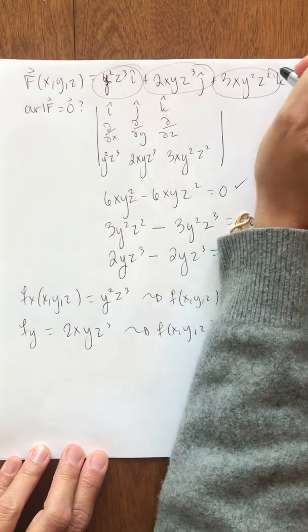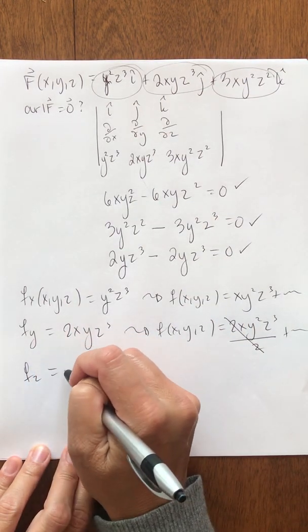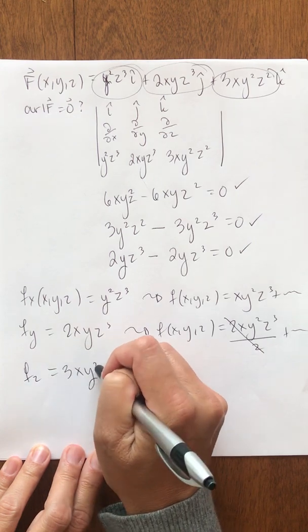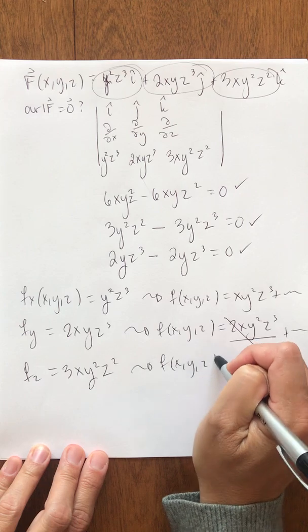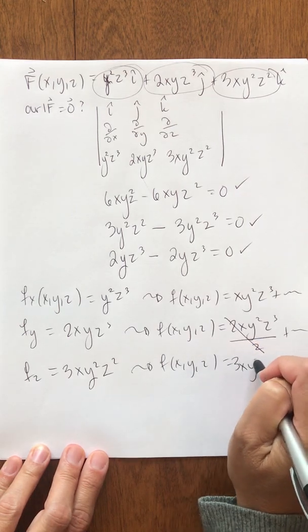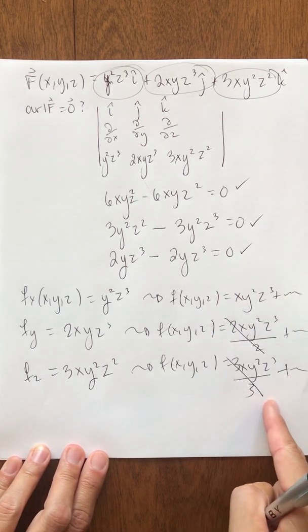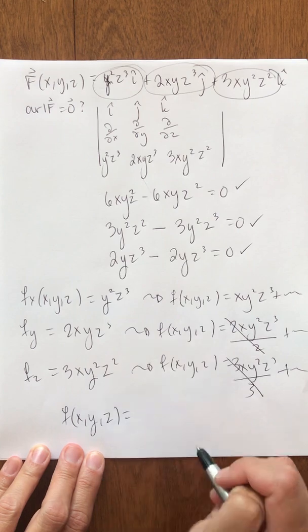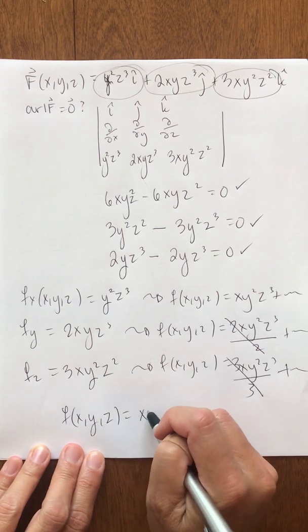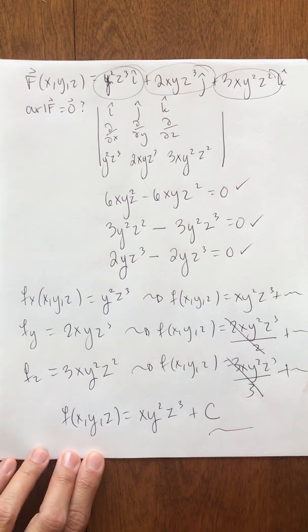And this must be my partial derivative with respect to z. So if my partial with respect to z is 3xy squared z squared, my function is 3x y squared z cubed over 3 plus whatever. These are all the same, so this tells me that my potential function f of x, y, z is x y squared z cubed, plus whatever constants might be on the end.